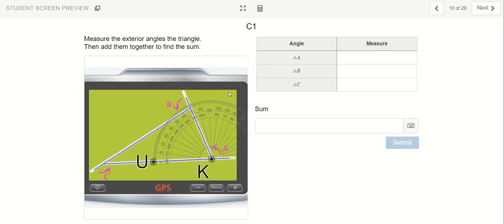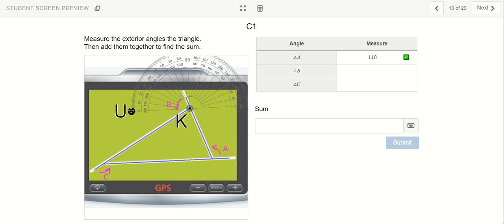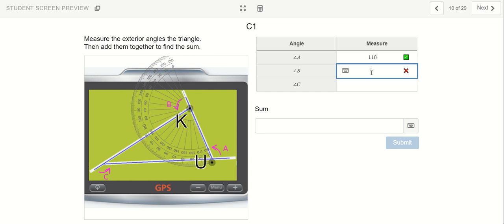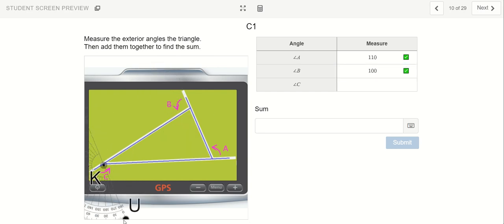So for the next examples, we're going to go ahead and measure these. So again, right here we have 110. Let's measure the outside angle. All right, the outside, again, starting from 0, counting up to, is that 100? Right, and measure C. Again, measuring the outside angle, so that's around 150.